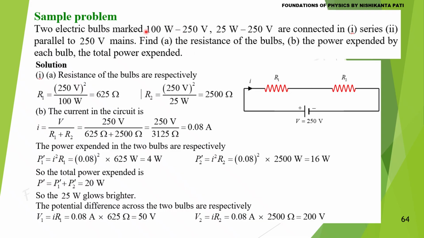The printed 100 watt bulb is giving only 4 watt. Why does this happen? Because the potential difference this bulb gets is 50 volt. The potential difference this bulb gets is 200 volt.